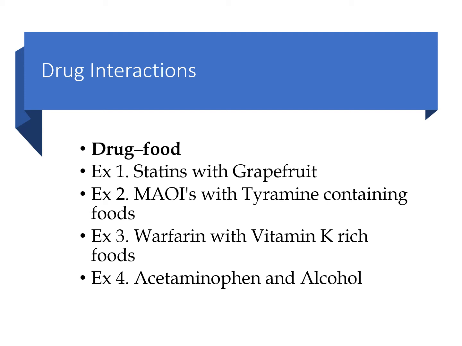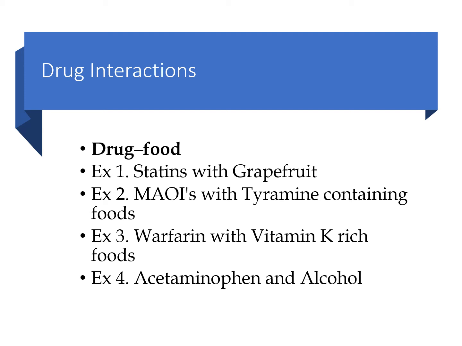Warfarin, a blood thinner. It's a strong blood thinner we use for many conditions that we want to thin the blood for, like a deep vein thrombosis in your leg, or a blood clot in your lung called pulmonary embolus.